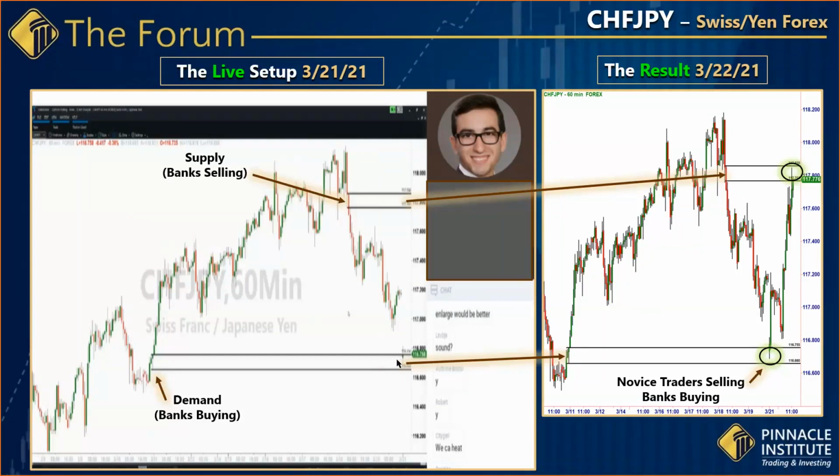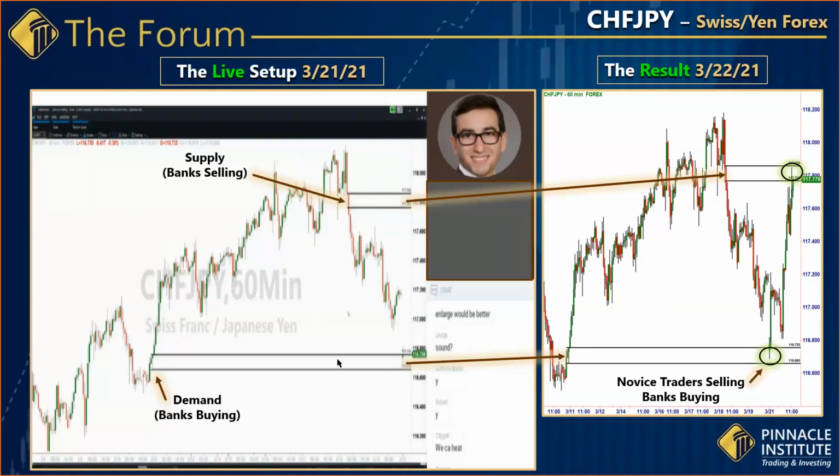The seller here is making a few mistakes, and these mistakes are very consistent among consistent losing traders. Mistake number one they're making, they're selling after a big drop in price. And not just after a big drop in price, but after a big drop in price and a gap down after that big drop in price. That's a big mistake.